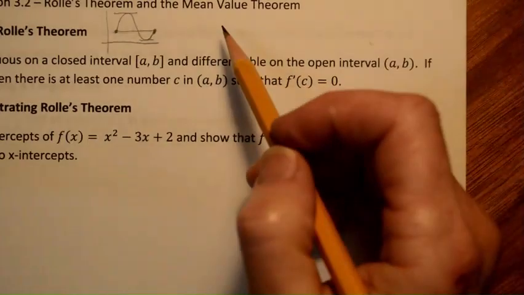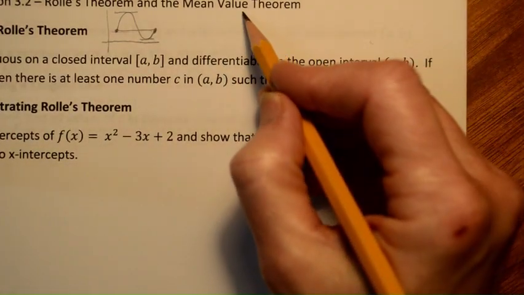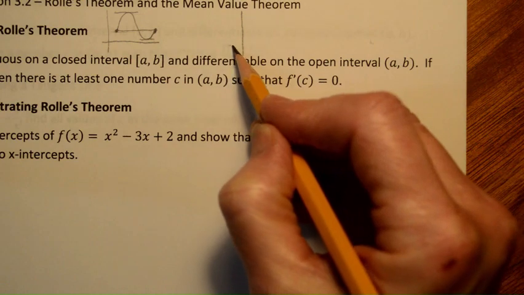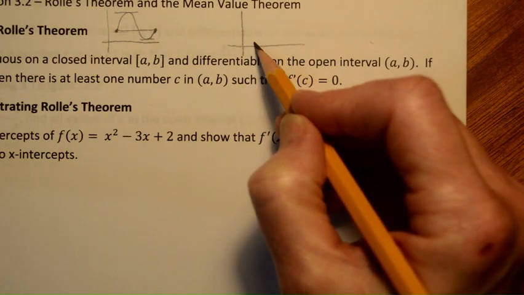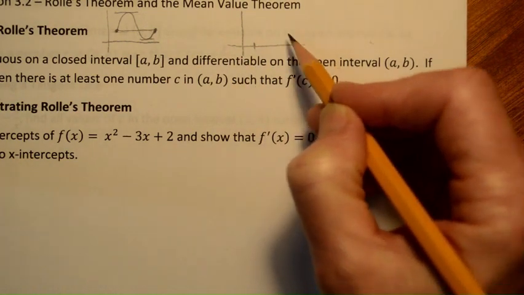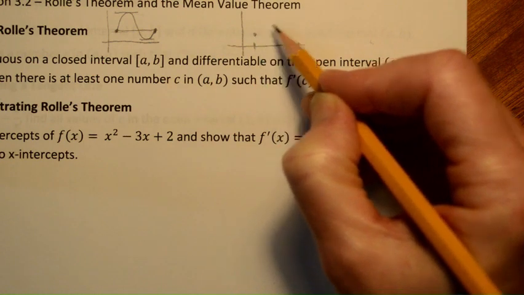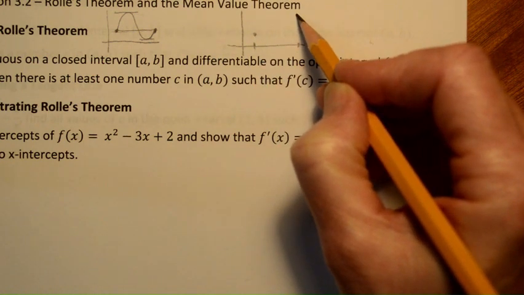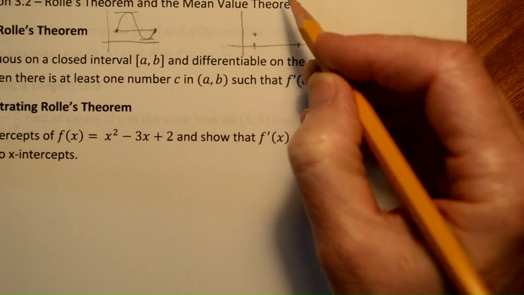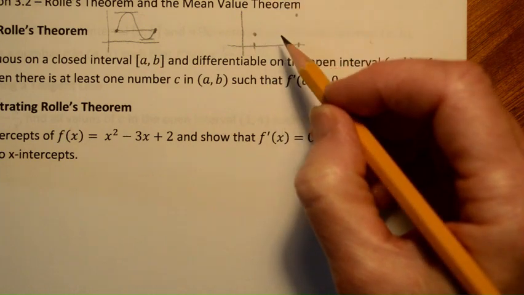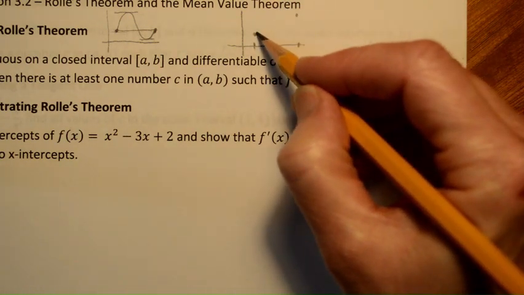Contrast that with the mean value theorem, which takes away the requirement that f of A and f of B have to be equal. So we've got f of A and let's say f of B here. We still have a continuous function on a closed interval, differentiable on the open interval.